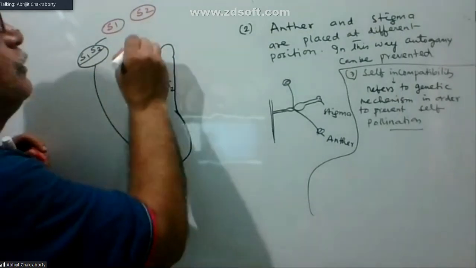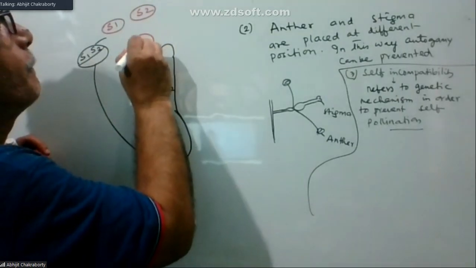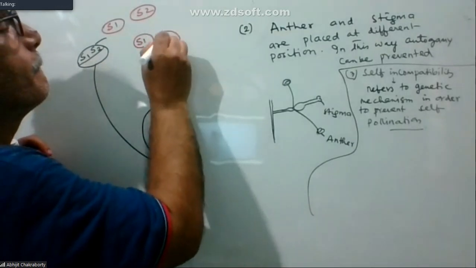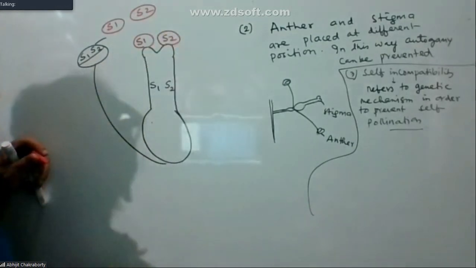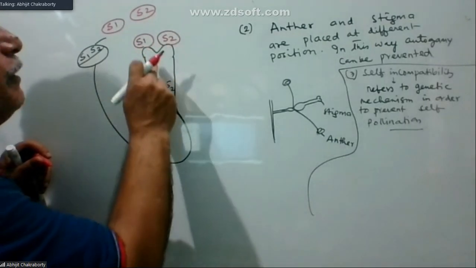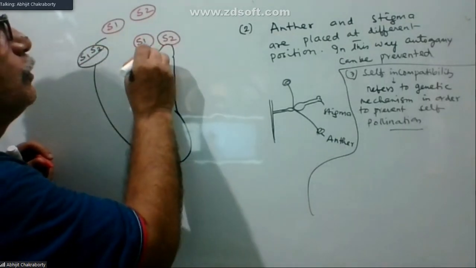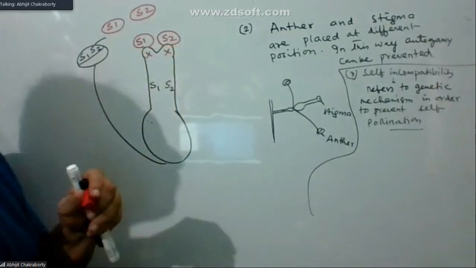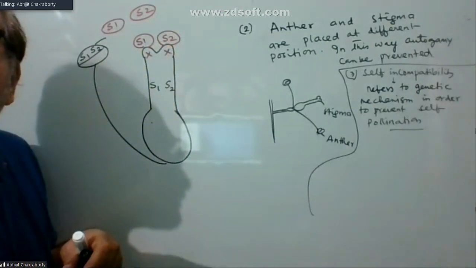When they are carried over here, a similar self-incompatibility factor is found in both, so these pollen grains will never germinate.